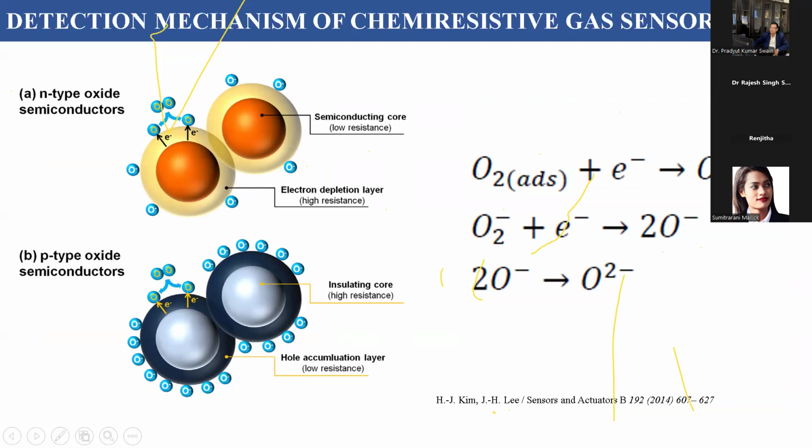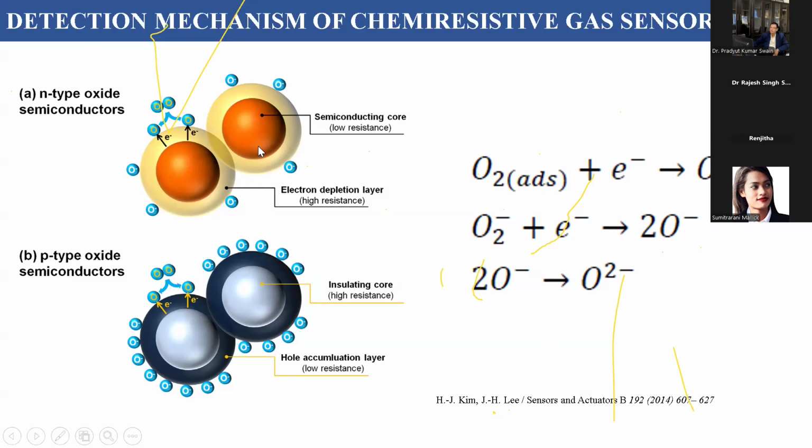Oxide material by default reacts with the surrounding oxygen gas. This is the usual phenomenon for all oxide materials. So the surface will always be covered with an oxygen ion layer. This oxygen ion layer plays a major role in the sensor response. This is the typical reaction happening.